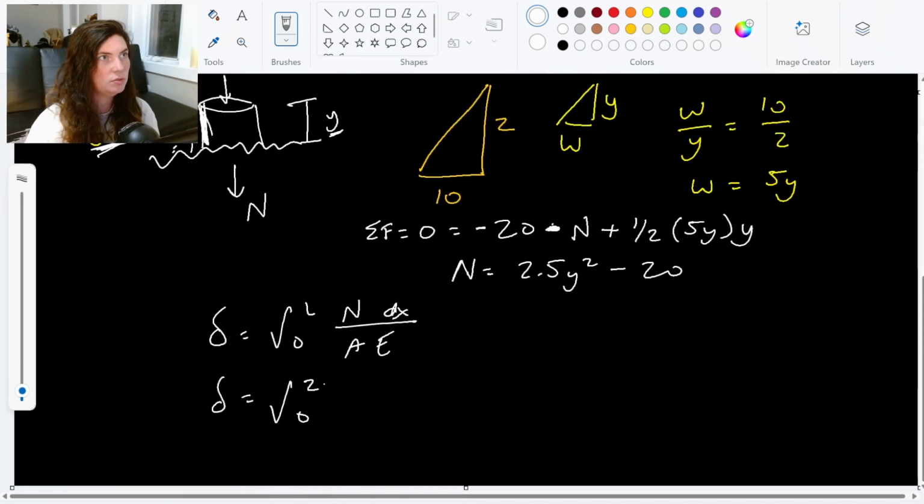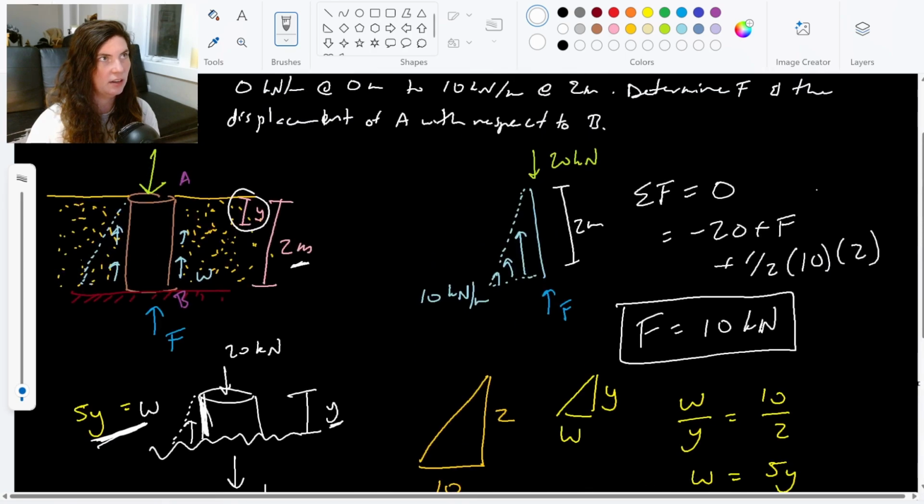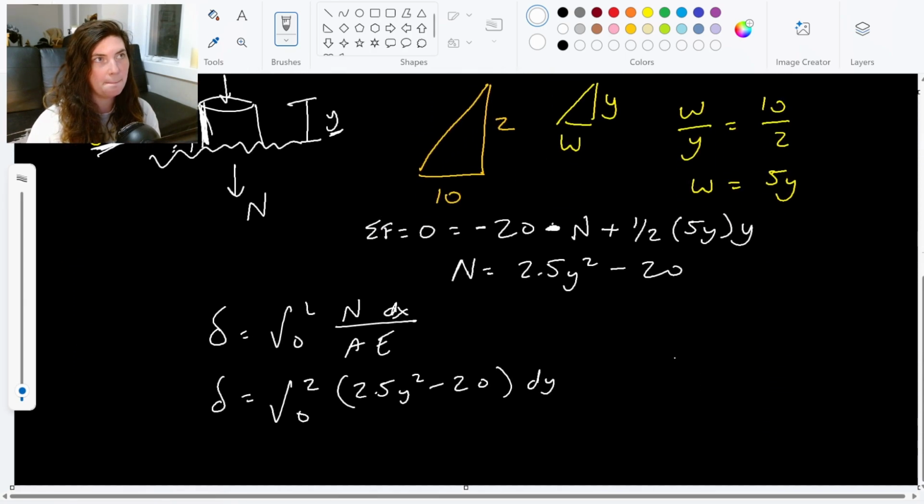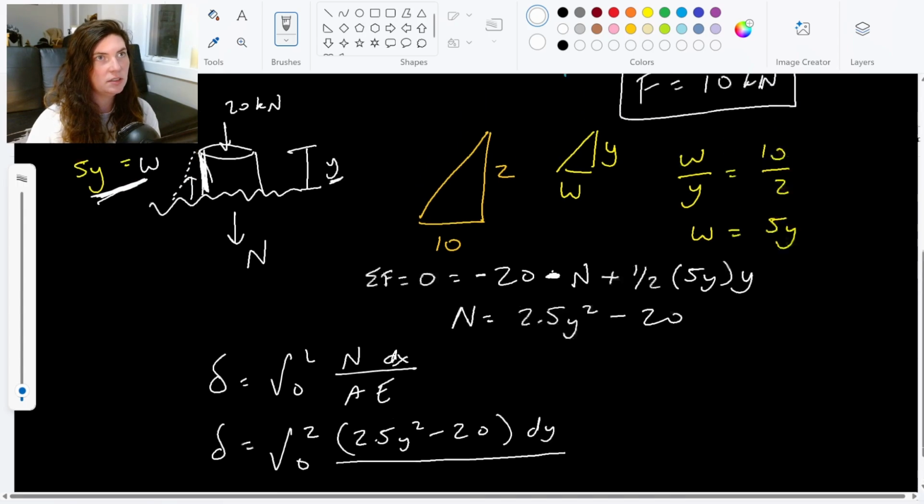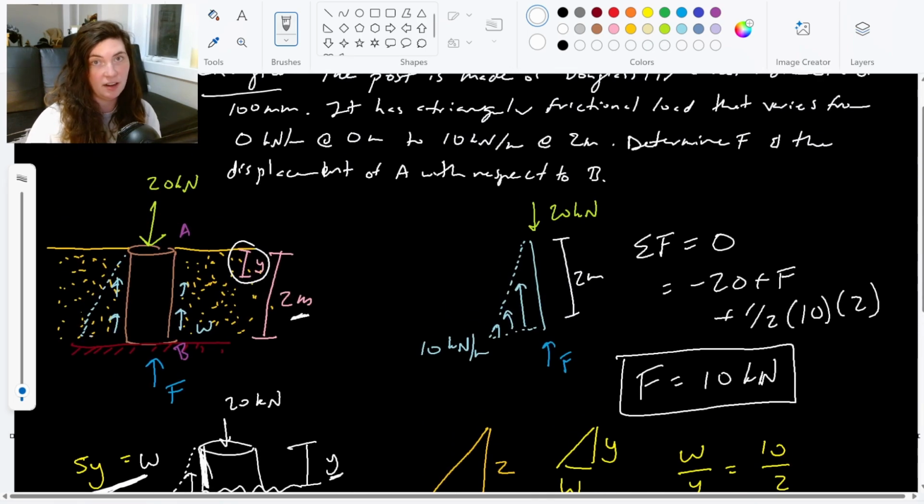So 0 to 2. My normal equation we just found, 2.5 y squared minus 20. In this case, instead of a dx, I'll have a dy since I'm working entirely in this vertical y direction. Thankfully, the area is constant. We don't have to come up with an equation for that.